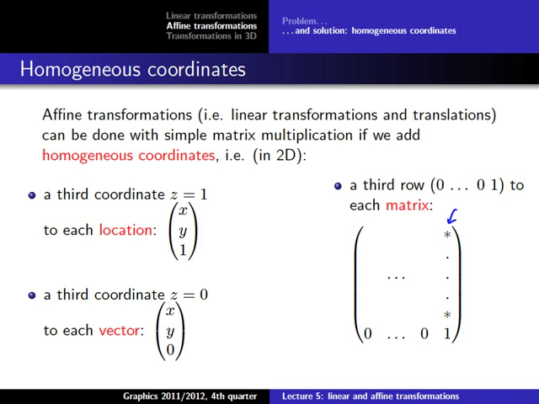So we introduced this concept of homogeneous coordinates. Just to recap, we said if we put zeros and a one in the bottom row of our matrices and extend our vector framework by denoting vectors that represent a location with a 1 in the last coordinate, and vectors that represent a vector or a direction with a 0 in the last coordinate, then we can use matrix multiplication to do translation also.